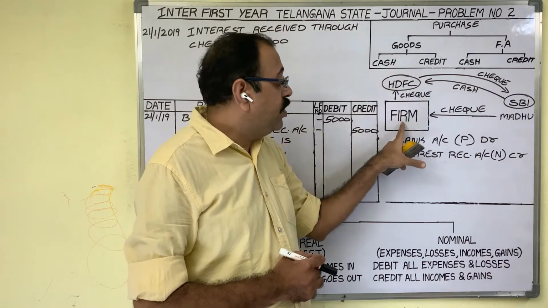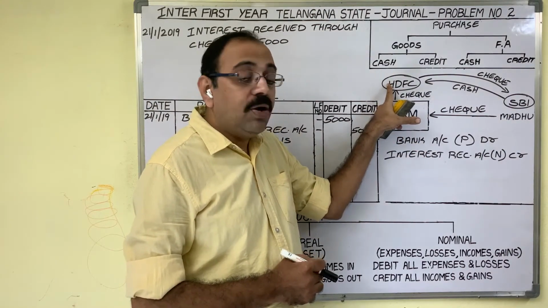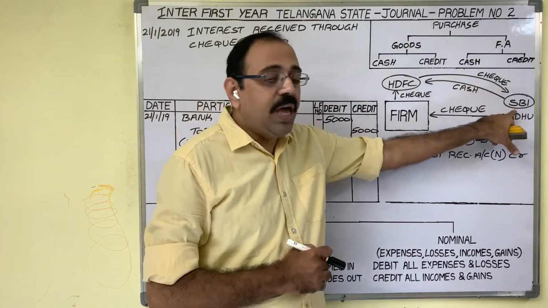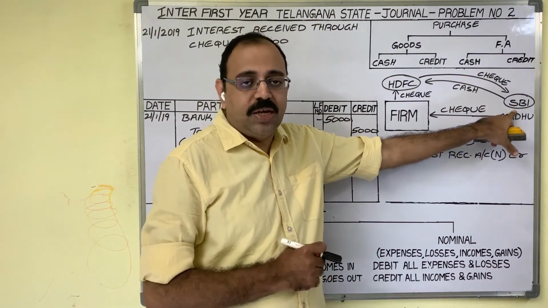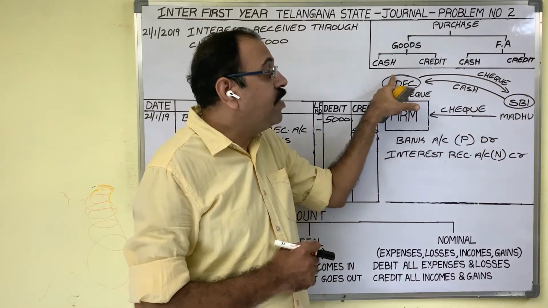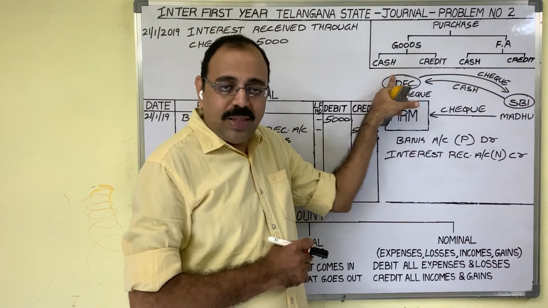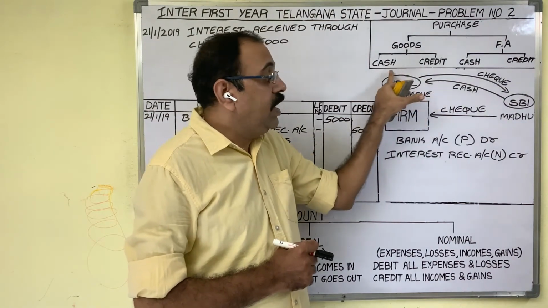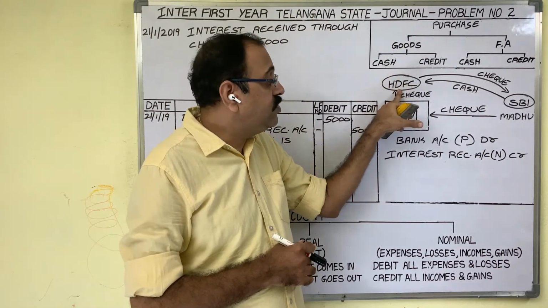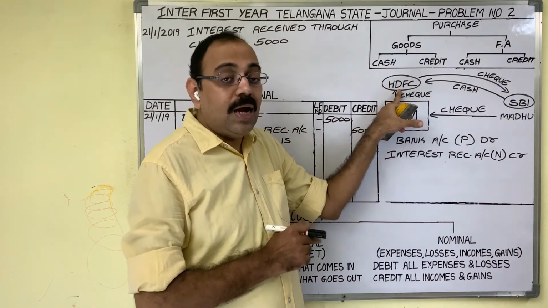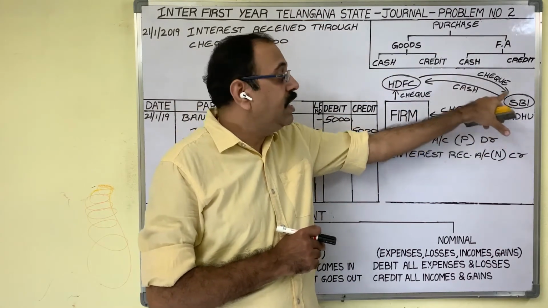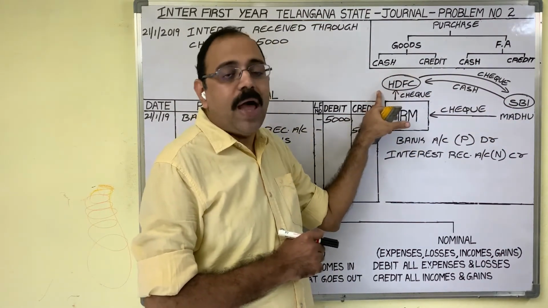Assume that the firm is maintaining a current account in HDFC Bank. Instead of going to SBI to encash that check, Madhu's check will be deposited in our bank account. Then collecting the money is HDFC Bank's headache. Now HDFC, our bank, collects that money from SBI and it will be deposited in our bank account.